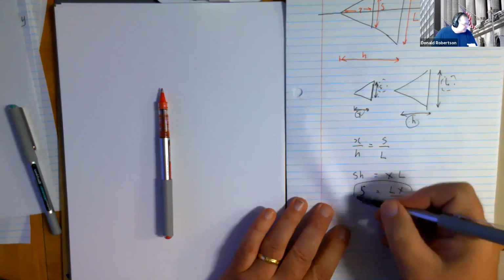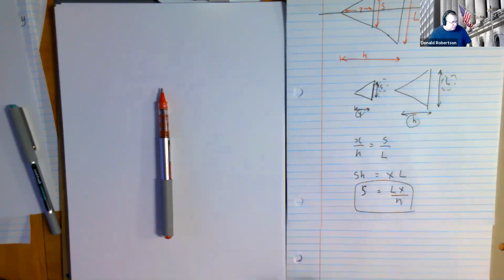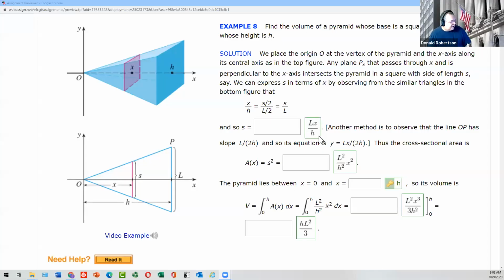So if I now return back to that question, the thing that I've just written down is that. So S is equal to this. Now, they told you that information up there. I don't know why they bothered to have it, because it's true even if you don't. And that's fine.